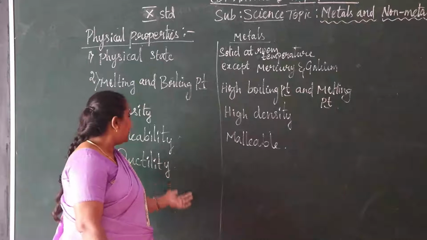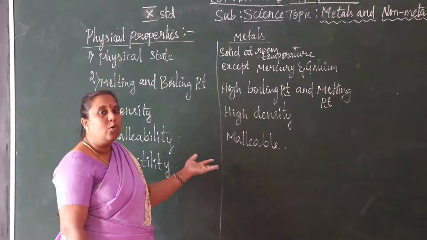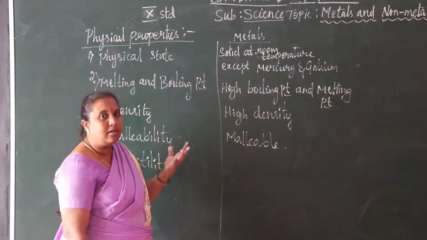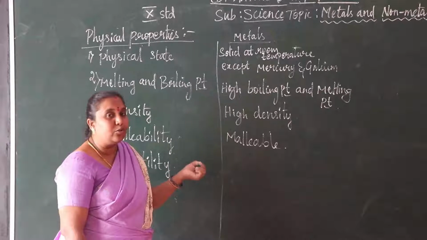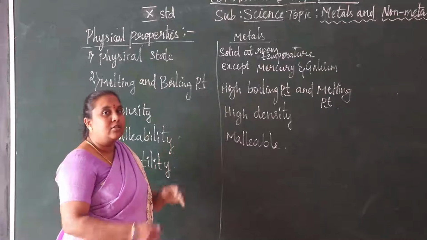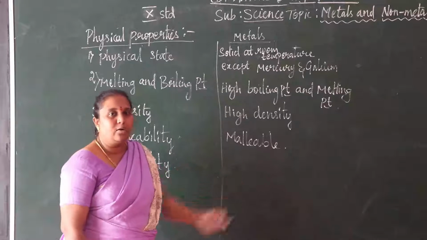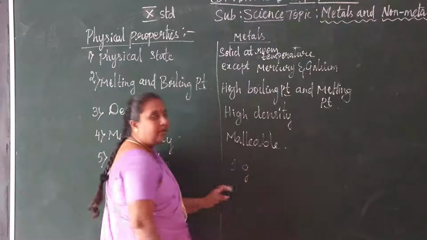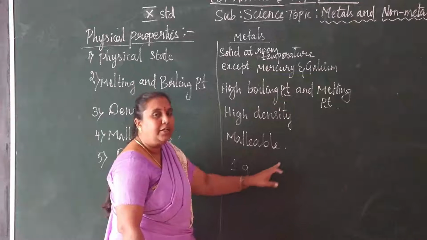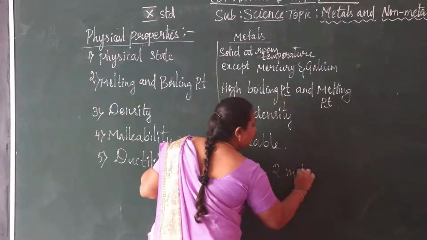And what is the most ductile metal? Gold. We use it in ornaments. We can make 1 gram of gold into a 2 meter thin wire.